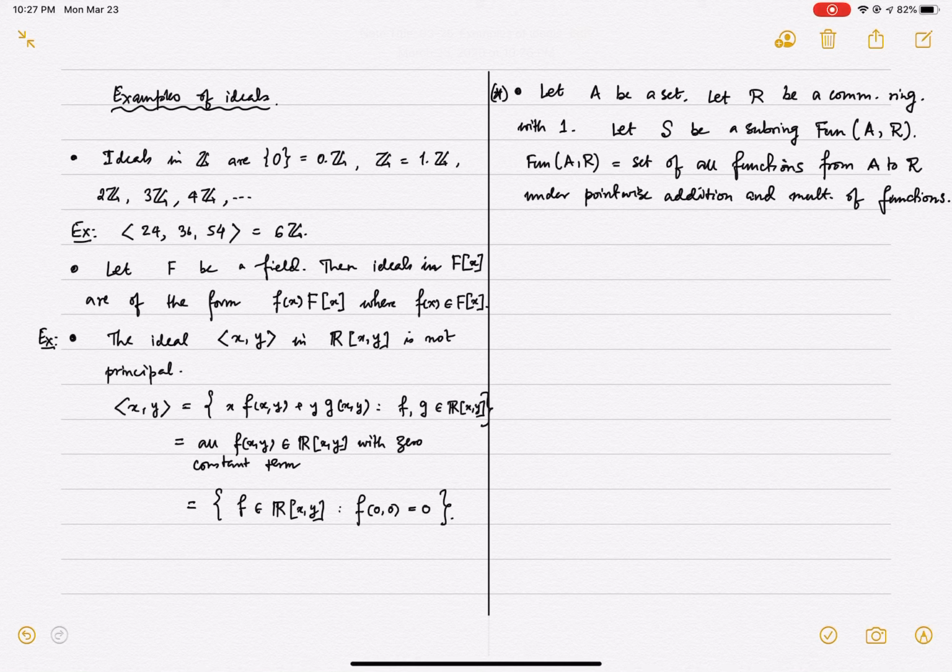So S is some subring of this. So it's a collection of functions from A to R that is closed under addition and multiplication. That's what S is.